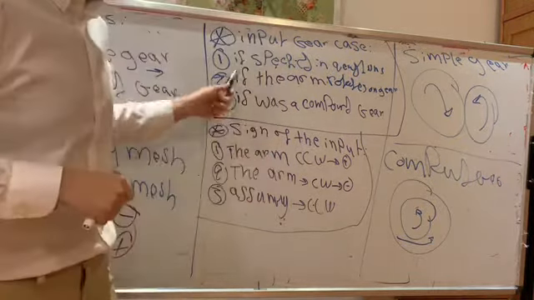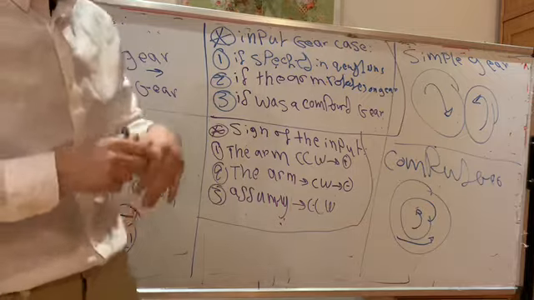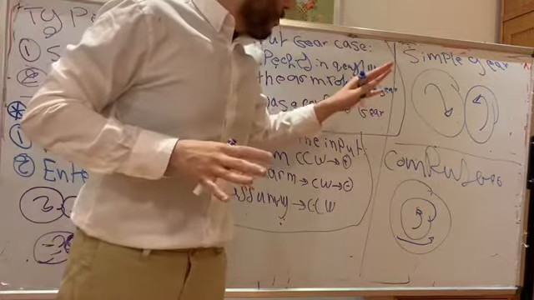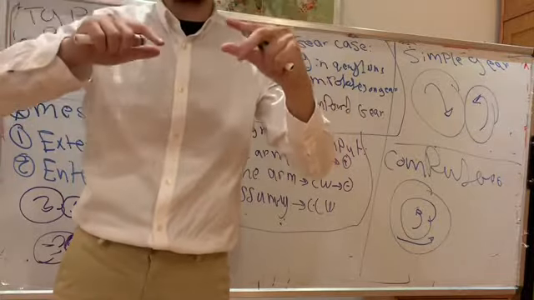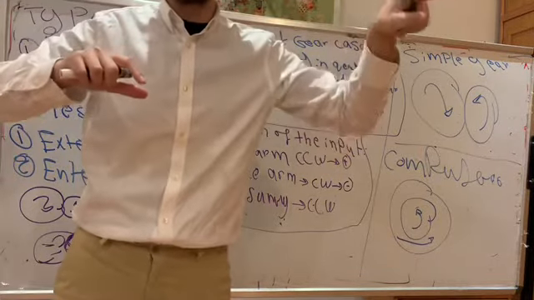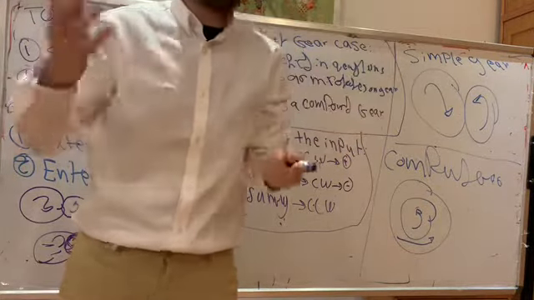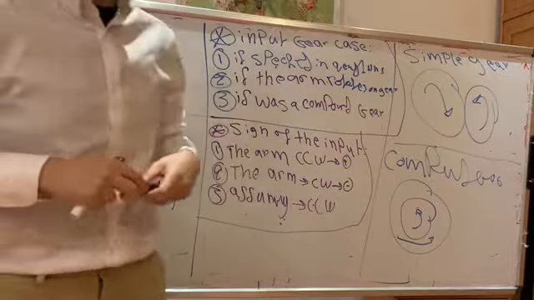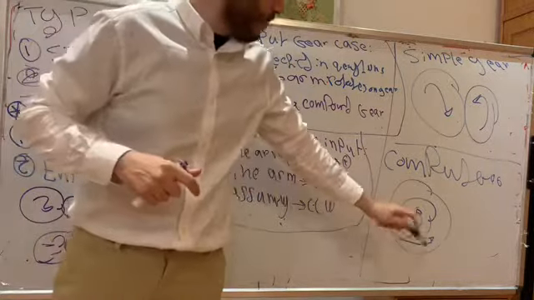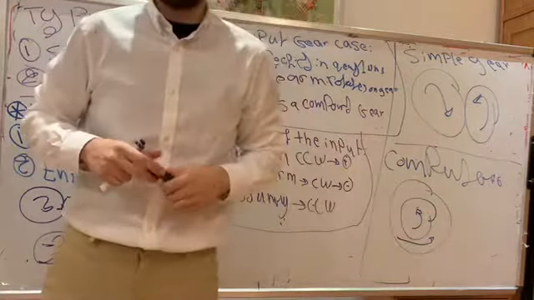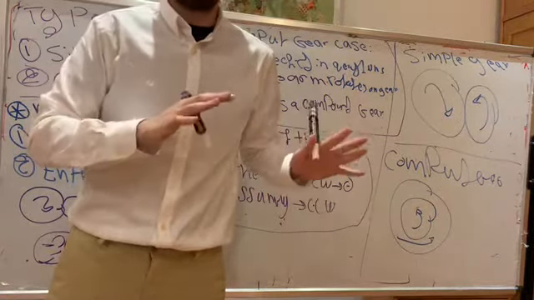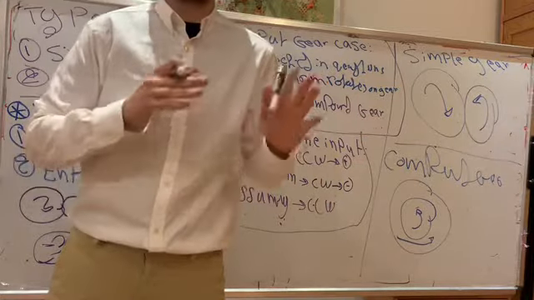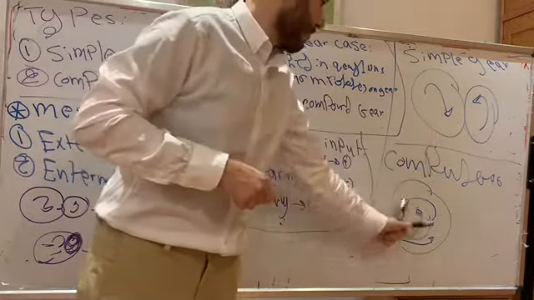The second case, if the arm rotates on a specific gear, then that specific gear would be the input gear. The third case, if there is a compound gear, it will be specified as the input gear.